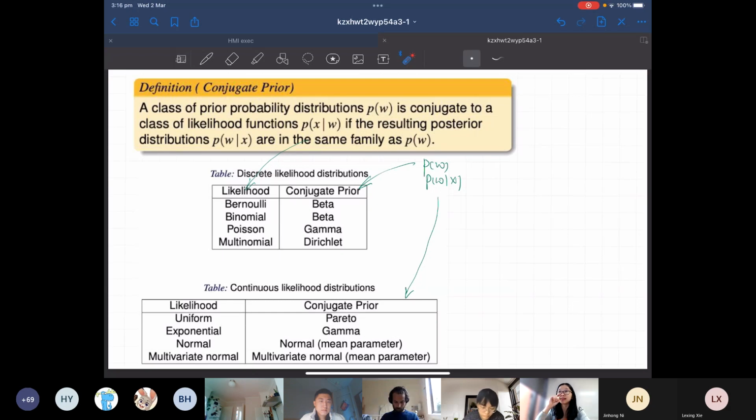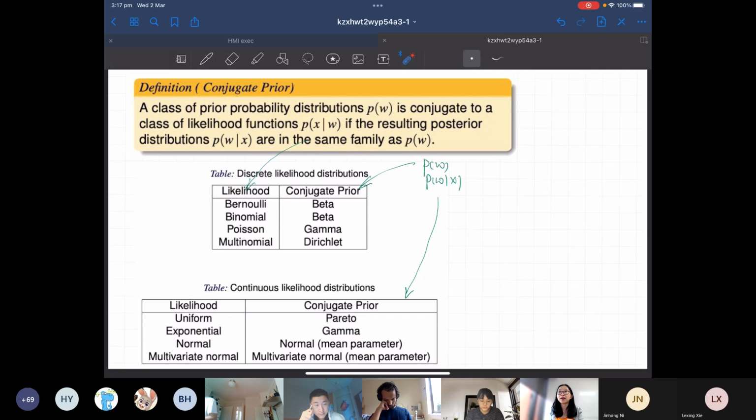That makes manipulating distributions mathematically easier. When we say conjugate, the prior and posterior have the same analytical form. It does not usually have the same form as the likelihood.